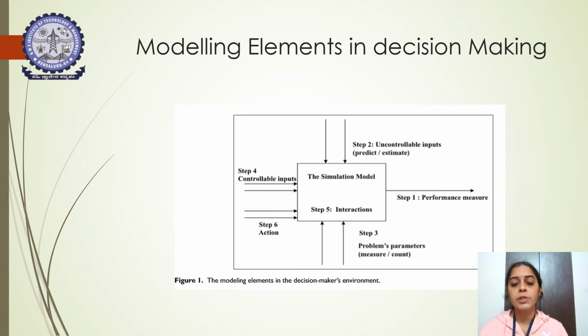Because these inputs cannot be controlled, it has to be done in a systematic way such that problems will not come into picture. For that, these uncontrollable inputs have to be measured and the parameters checked. What is the level of the problem associated with these uncontrollable inputs? This will be taken care of in step 3.